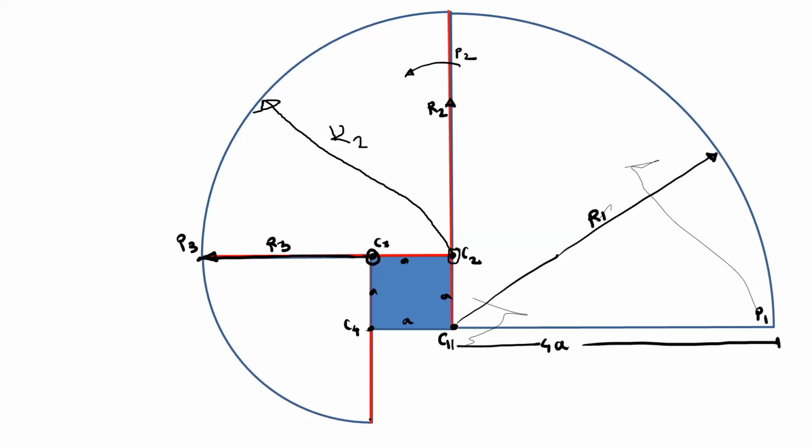This is the radius R4, and this is the remaining curve. This curve will end at the starting point, that is C1, and this radius is R. So the final radius must be equal to the side of this polygon.